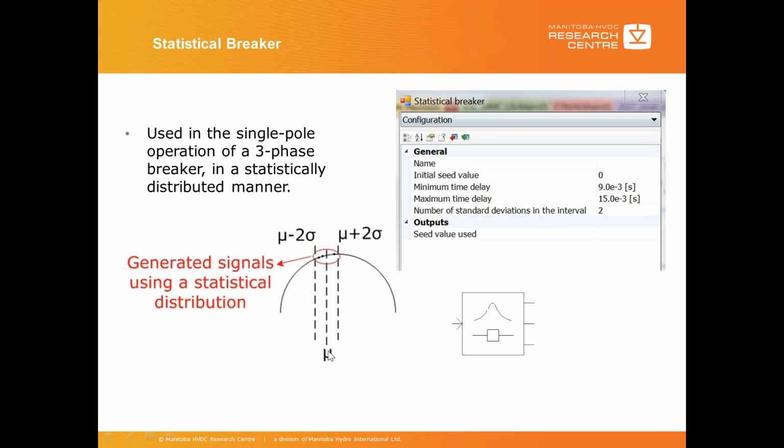So the mean value here is the mean value of the minimum time delay and the maximum time delay. For this example, the mean value for two standard deviation is about 12 milliseconds. Then 3 signals selected randomly for each pole.